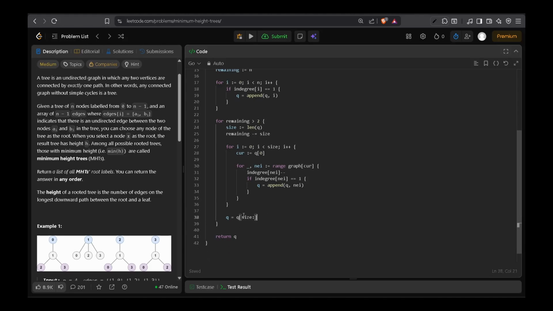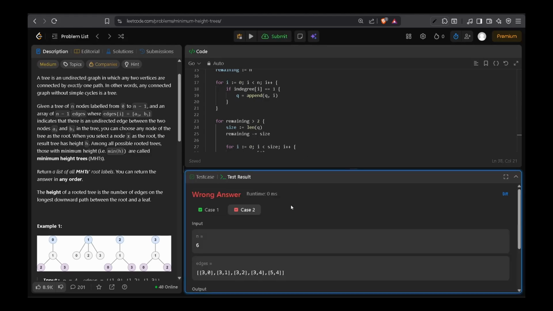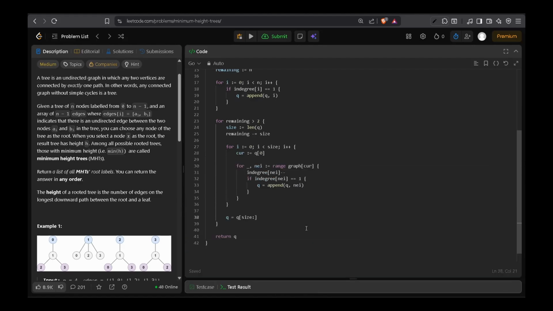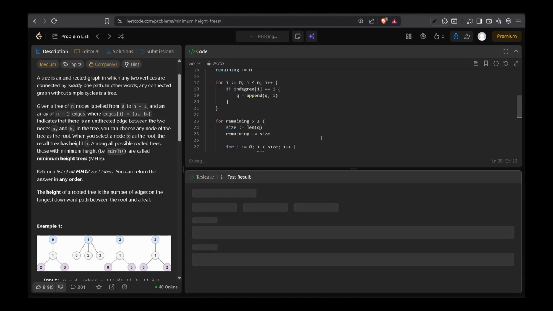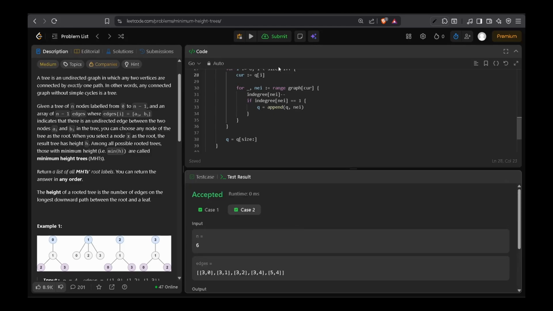That means remove the earlier nodes and save the newly added nodes for processing. So let's try seeing this. Okay, 3 comma 4. That's because, sorry, it should be i, not 0. Okay, so the solution is working.